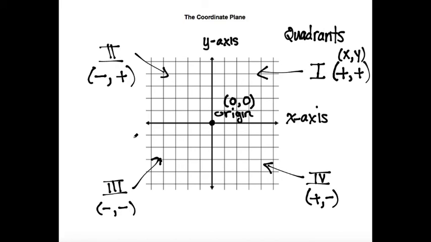There are times when a point doesn't fall in one of those quadrants, where it actually falls on either the x-axis or the y-axis. So let me put a point here. This point right here does not fall in quadrant 2 or quadrant 3. It falls right on the x-axis. That point right there is what's known as an x-intercept.